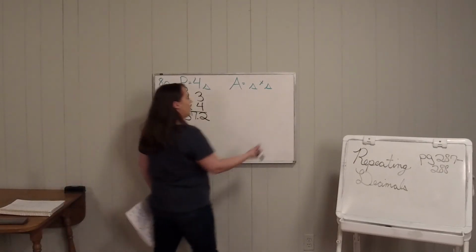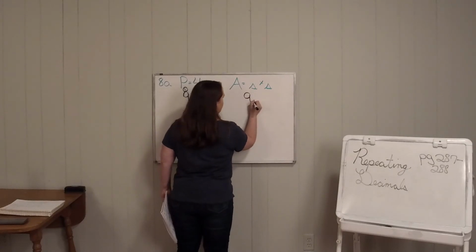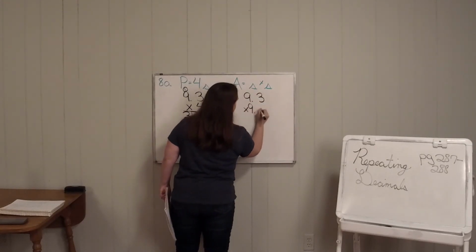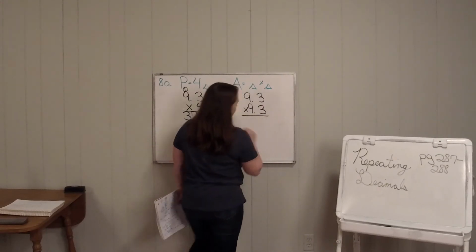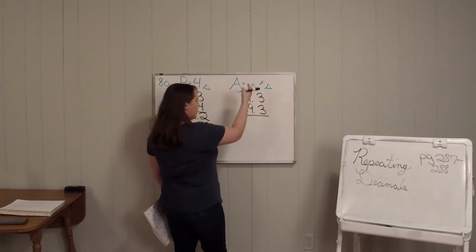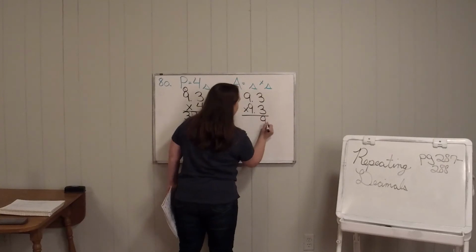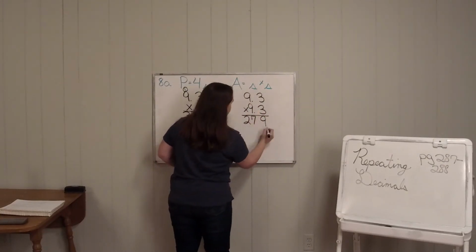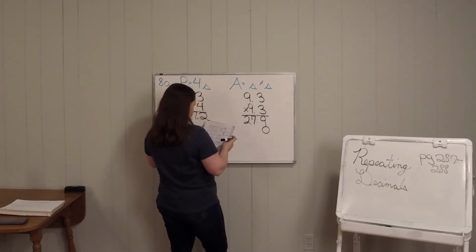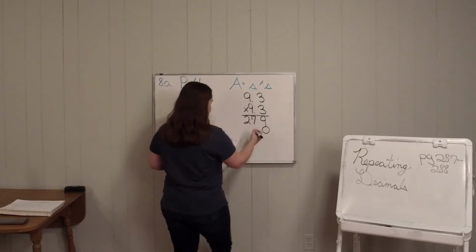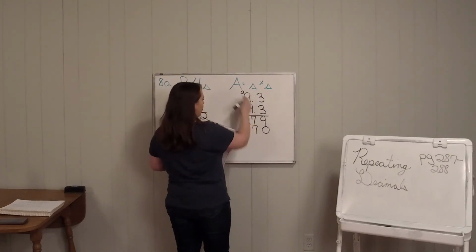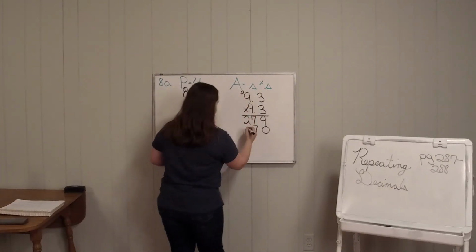Now for area, you would just say 9.3 times 9.3. Well, 3 times 3 is 9. 3 times 9 is 27. 9 times 3 is 27. 9 times 9 is 81, 82, 83.